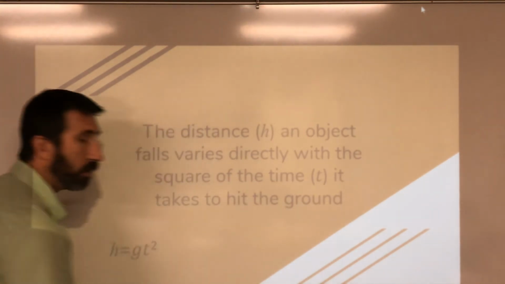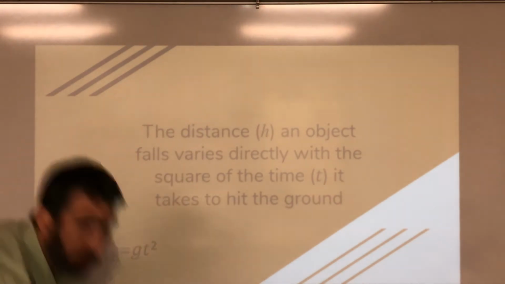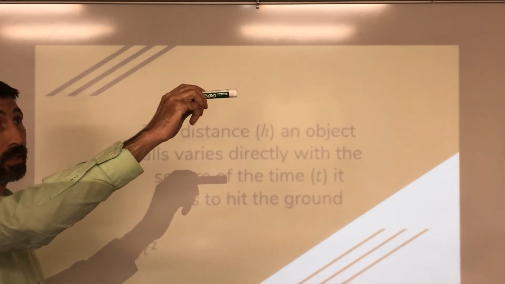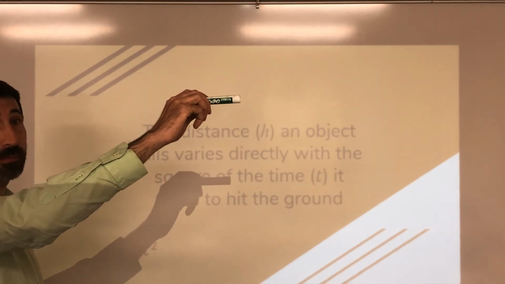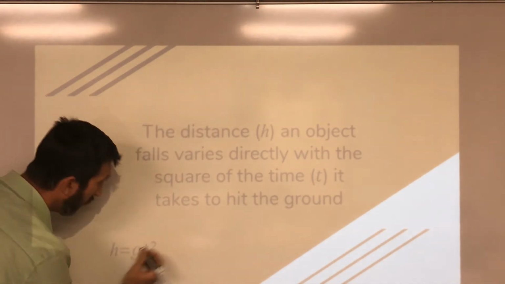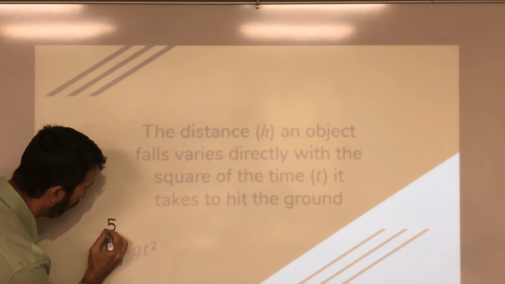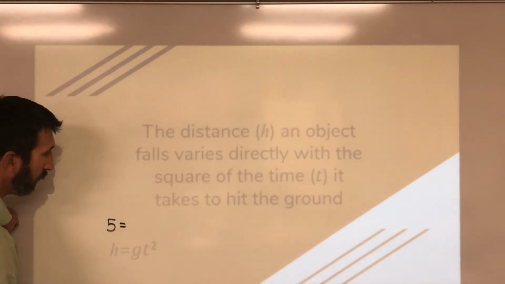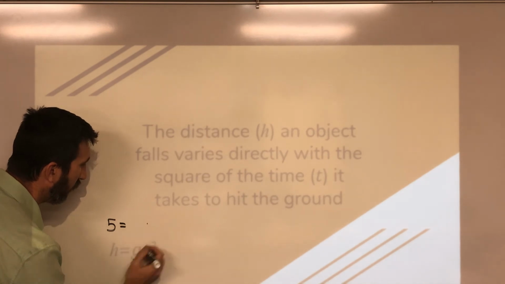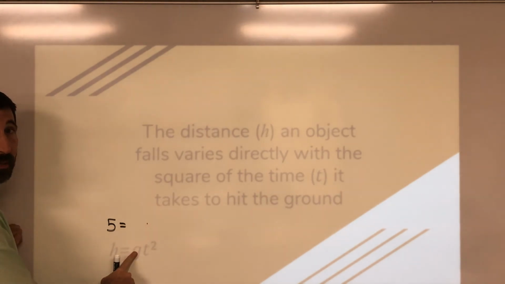That means if I was to take this object, this marker, and I knew that this was, we'll say, 5 feet off the ground, and I was to drop it and time it. So if I know my height is 5 foot, and I drop it, and I know how long it takes, I can find out what gravity is.